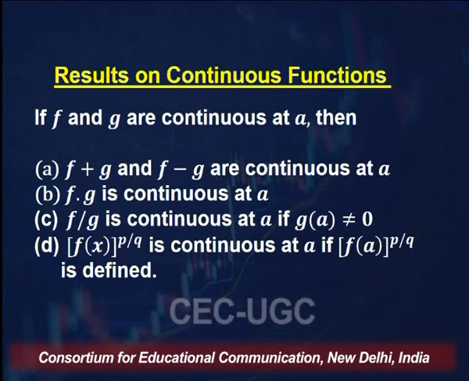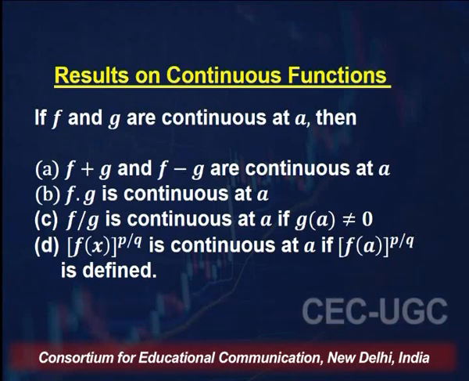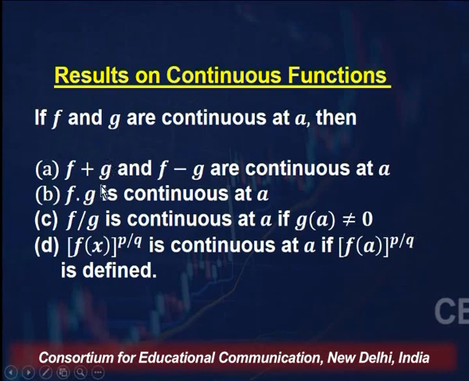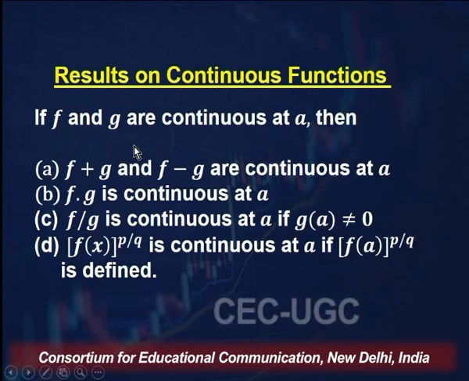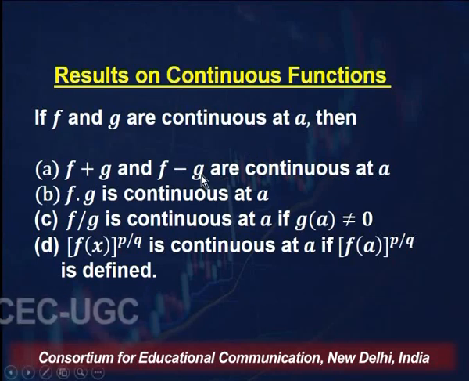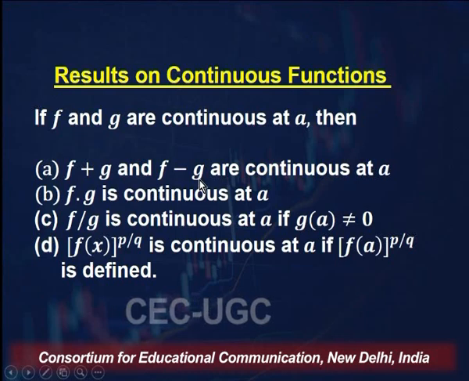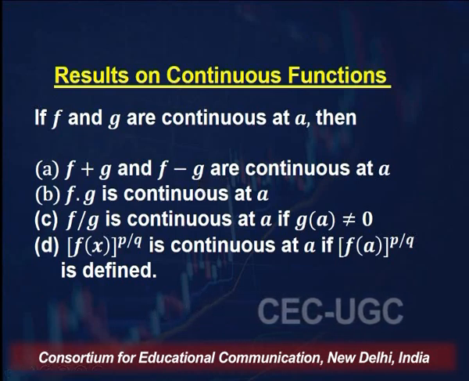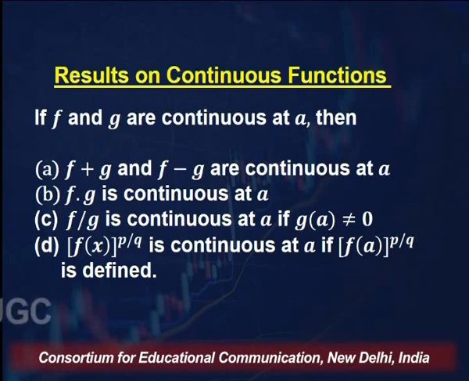And here, let's go over these results first. We have that if the functions f and g individually are continuous at the point x equal to a, then the sum and difference of these functions, so f plus g and f minus g, are also continuous at a. F times g is continuous at a.